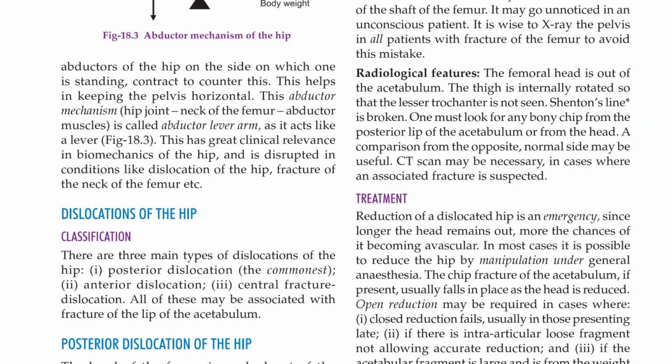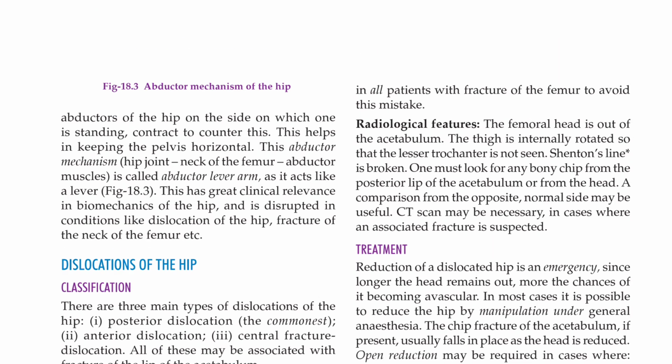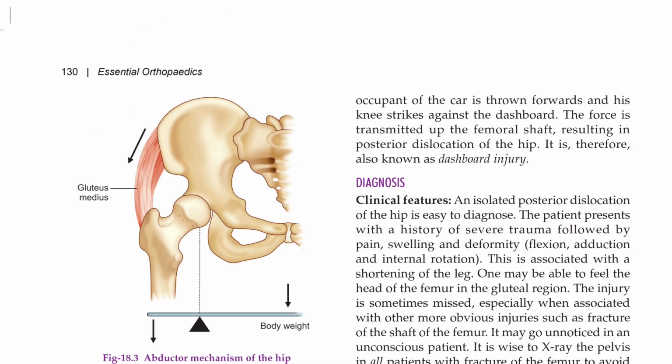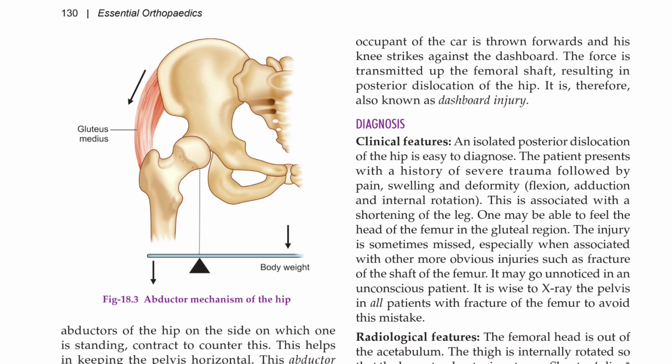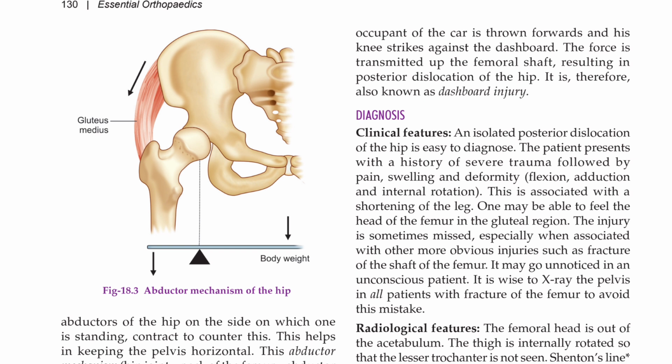So the occupant of the car is thrown forward, and his knee strikes against the dashboard. The force is transmitted along the femoral shaft, resulting in posterior dislocation of hip. It is therefore also known as dashboard injury.